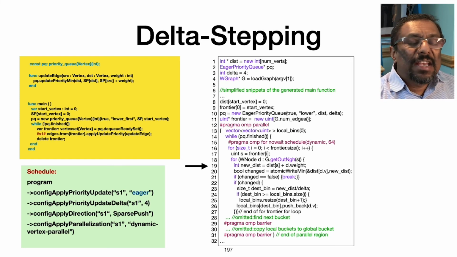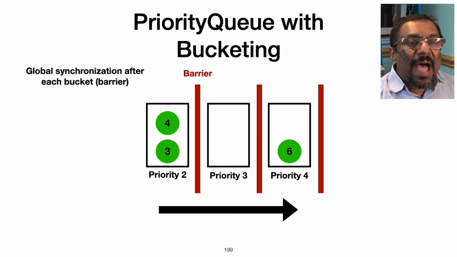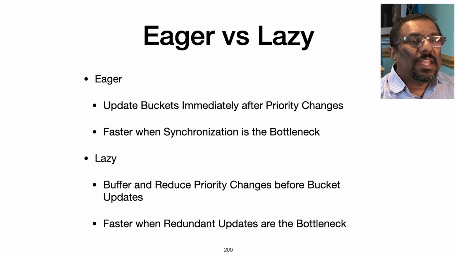So let's look at how this is implemented. We are doing it using a bucketing implementation. What that means is the nodes are bucketed into their priority order, and then you execute the lowest priority bucket first, and they do global synchronization between going from one priority to another. In the eager update, every time a priority changes, the bucket is immediately updated.